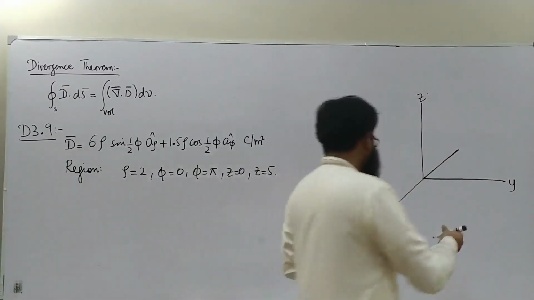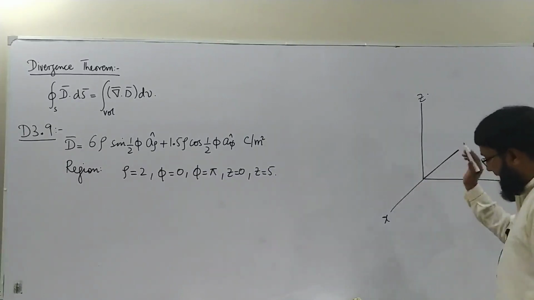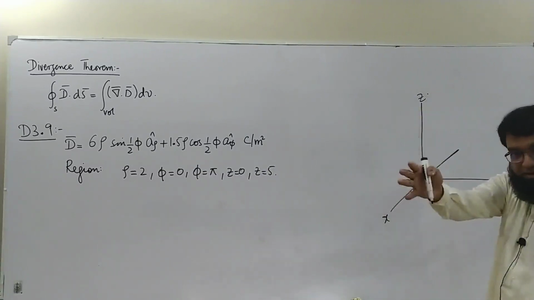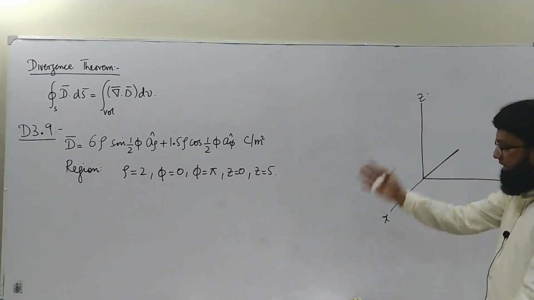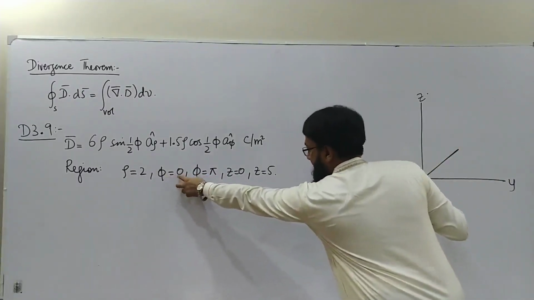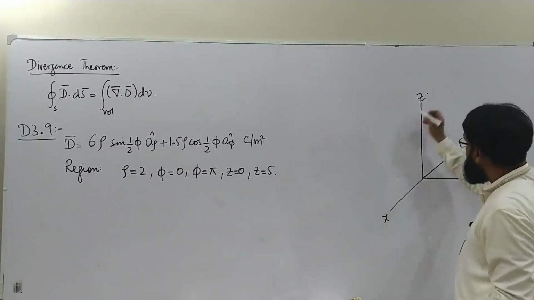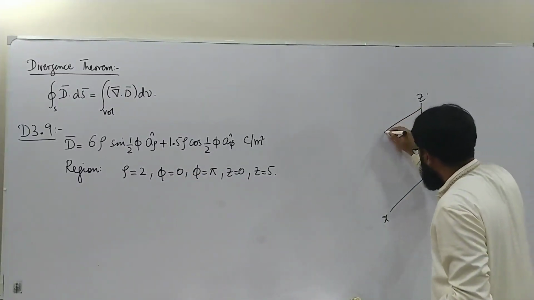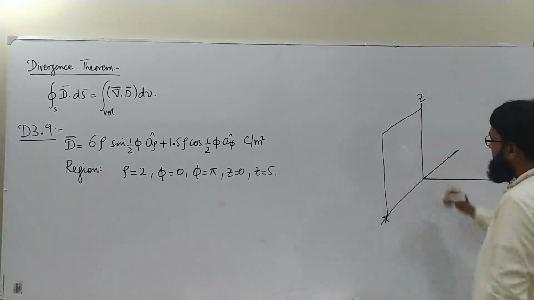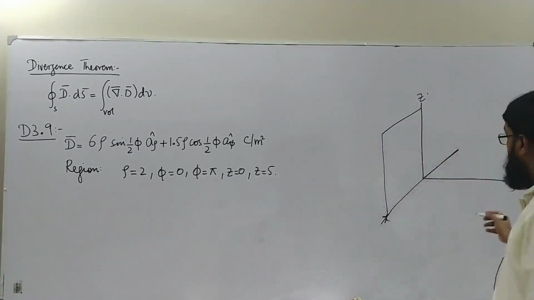Phi equals 0 is a radial plane which starts from the z-axis and goes to the other side, which is defined by this angle. If I take the positive side of the xz plane, meaning this, this is phi equals 0, because if you move on this plane, phi equals 0.